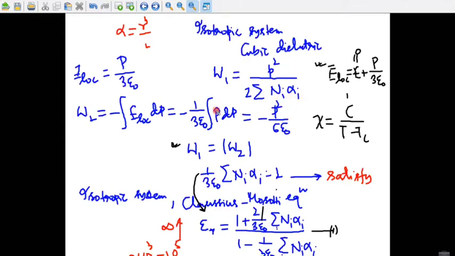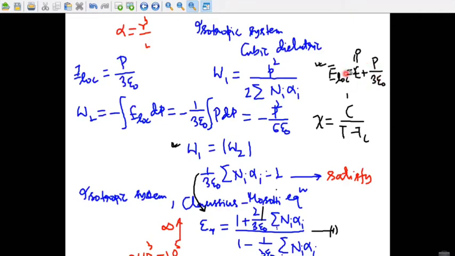In order to calculate W2, the local field at the atomic site in the dielectric is given by this equation: E local equals E plus P upon 3 epsilon naught. For spontaneous polarization, this E must be 0. Therefore, E local equals P by 3 epsilon naught.